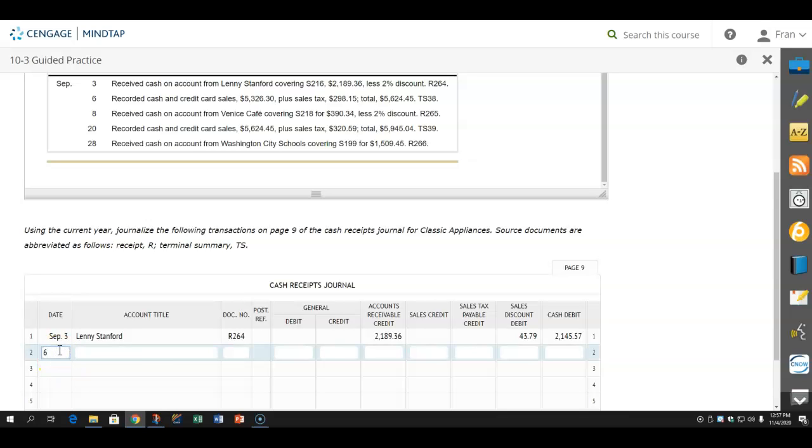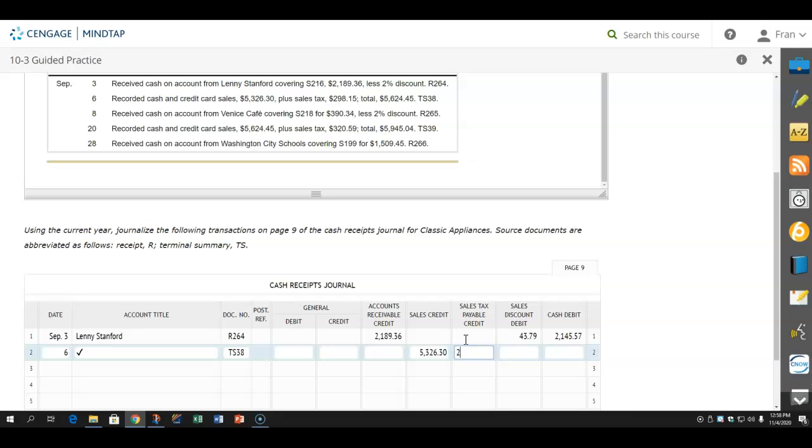On the next one, on the 6th, we're receiving cash and credit card sales. So we don't really have an account title for that, so we're just going to put a check mark, because that's just your sales for the day. Okay. And that's a terminal summary tape number 38. Okay, and it's going to be sales of $5,326.30 plus sales tax.